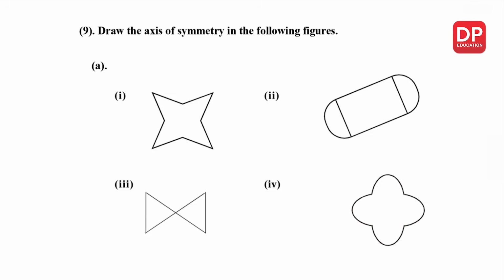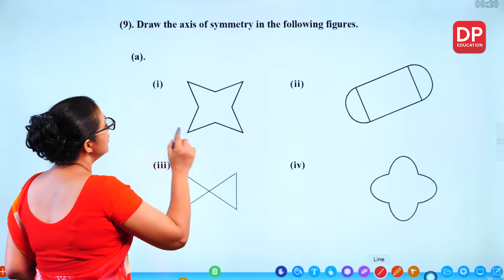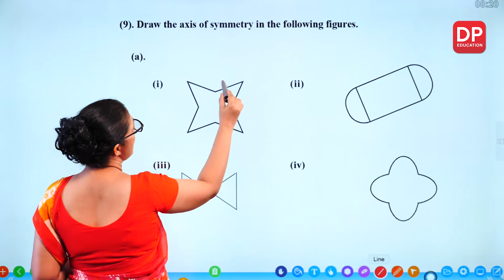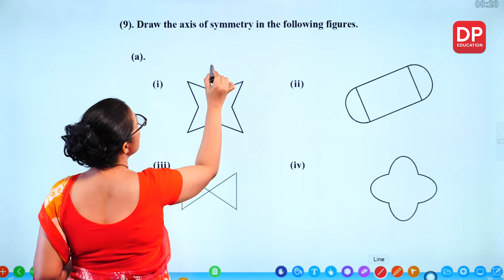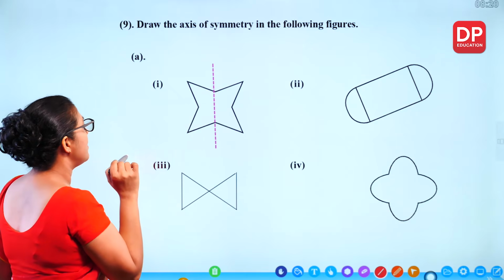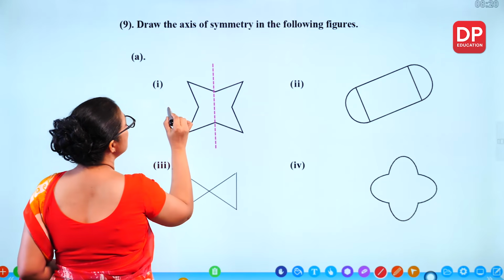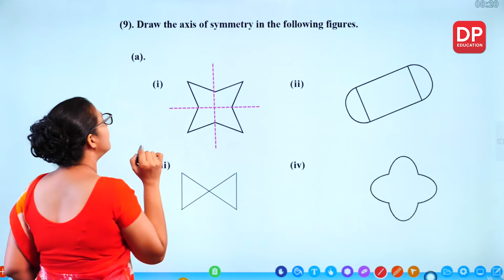Draw the axis of symmetry in the following figures. Look at carefully and try to draw. So if all sides are equal, so we have to assume these all sides are equal, then I can draw a line there. And also here. What else?